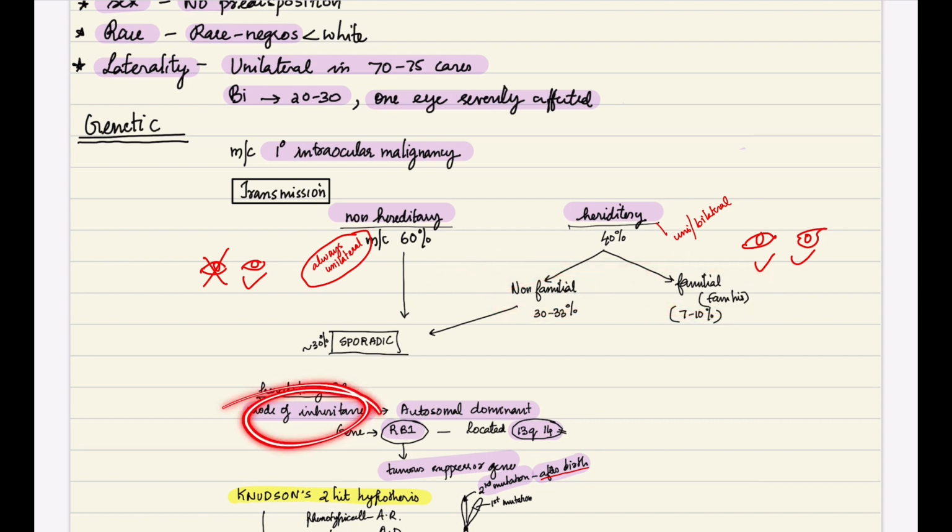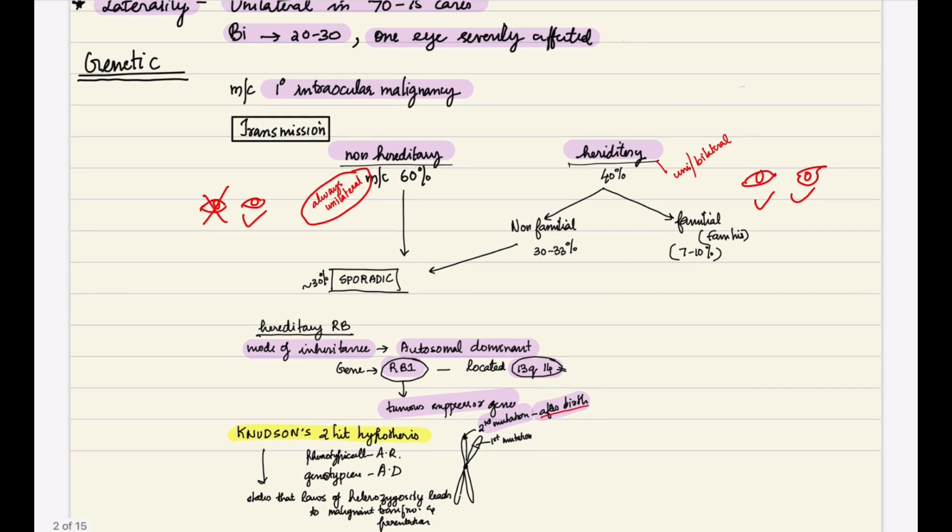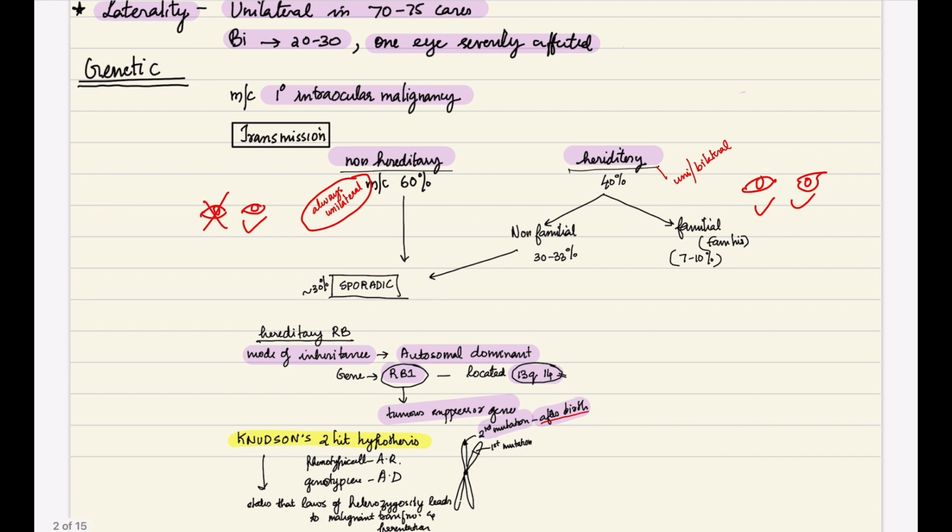The mode of inheritance of retinoblastoma is autosomal dominant. So, genotypically, it is autosomal dominant. The gene RB1, which is a tumor suppressor gene located at 13q14, undergoes mutation. Knudson's two-hit hypothesis is very important, which states that loss of heterozygosity leads to malignant transformation and presentation.